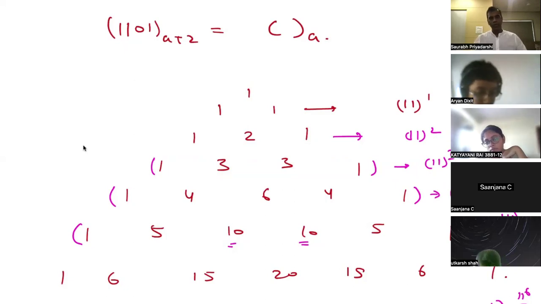Or you are assuming base a, a greater than 16? Something you have to write for a. It depends on a, right? It depends on a. See what I'm saying.